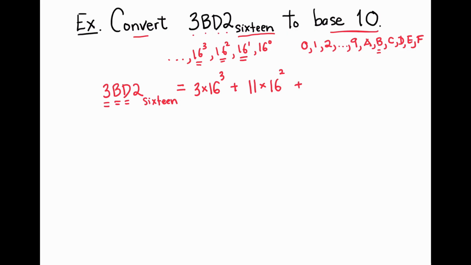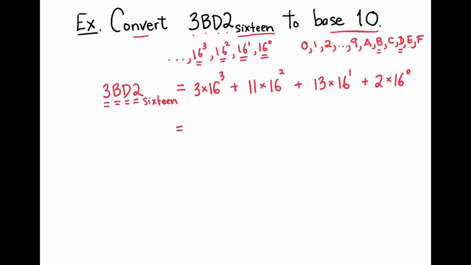The D corresponds to this place, and D we know is 13, times 16 to the 1st power. And then lastly, we have the 2 here, in this place value, so we have 2 times 16 to the 0th power.